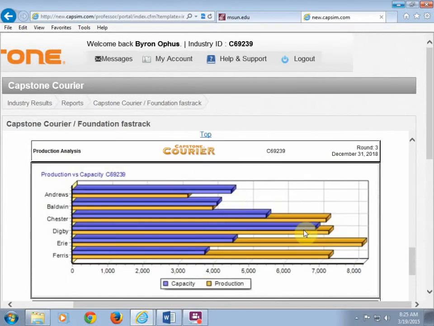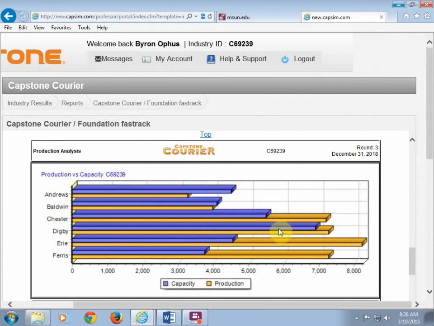And I'm going to scroll down, I'll come back up. And here's part of the problem. And maybe this comes home in spades a little bit when we talk about it. I've often said, having a lot of capacity, and you can see here, Digby's overall production was just barely in excess of their first shift capacity. So they have tons and tons of excess capacity.